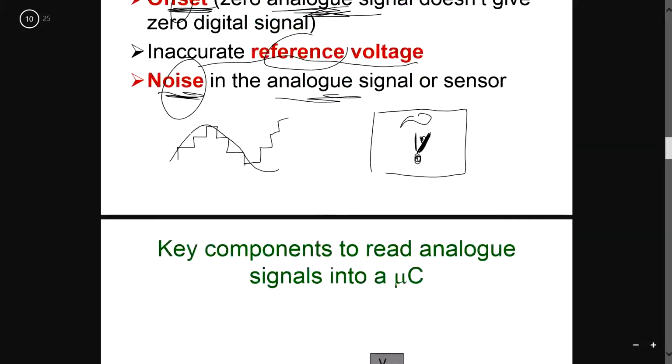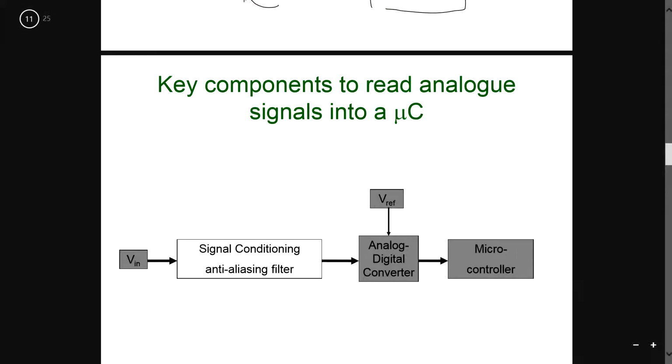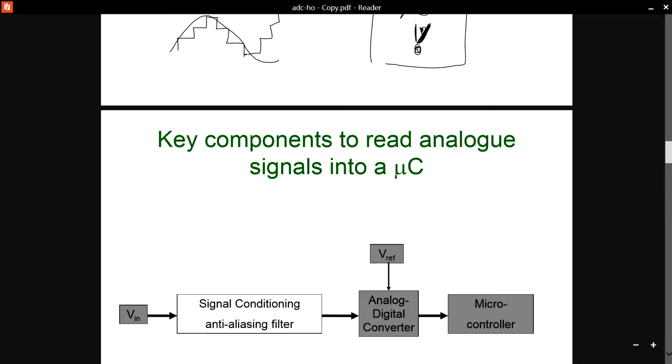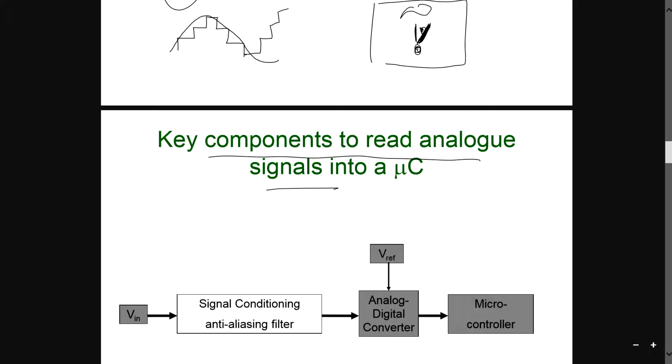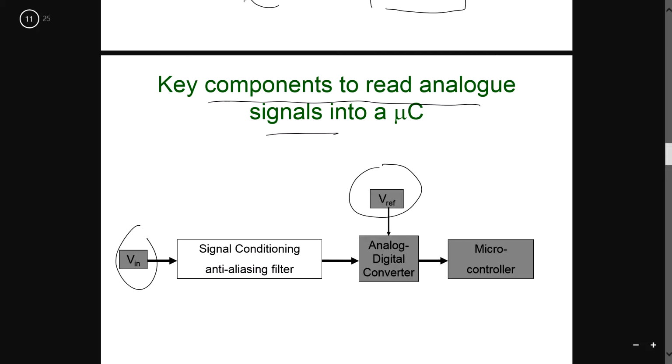So next video we'll talk about signal conditioning. Before I go into that, I want to say that for the key components to read an analog signal, you have a V in and then you have a reference signal. If your reference signal is wrong, you have an error. Then in your signal conditioning, you may have an aliasing issue, so you require a low pass anti-aliasing filter to convert your analog to digital in the ADC.